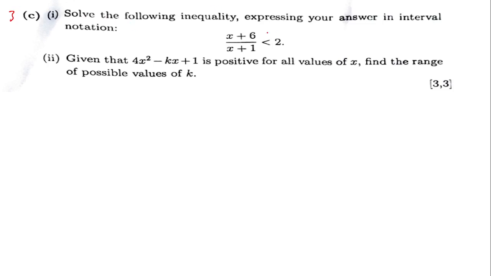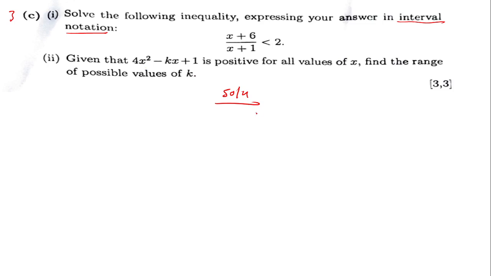Solve the following inequality, expressing your answer in interval notation. This was solved in Math 1120, 2023. I solved a question exactly like this one, just that this one has interval notation added.